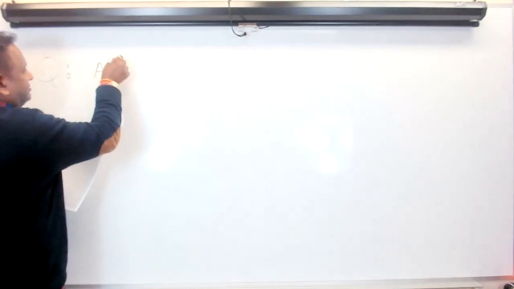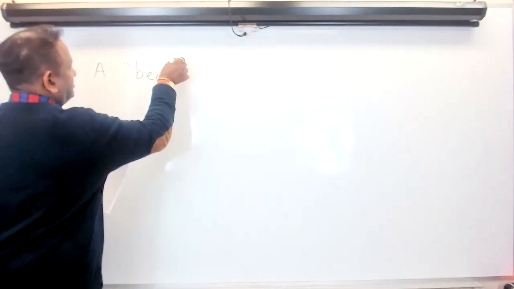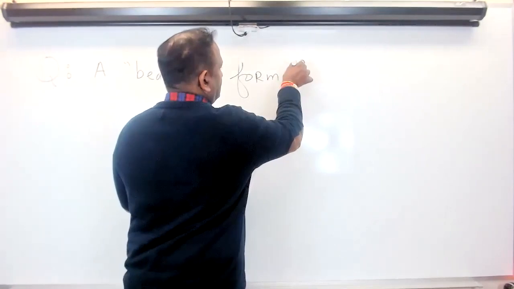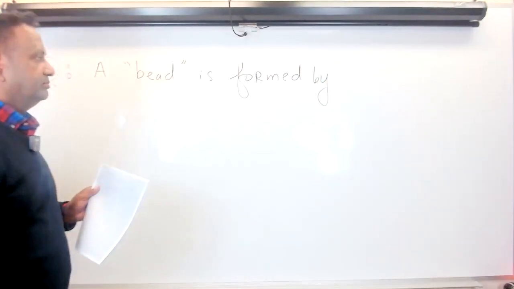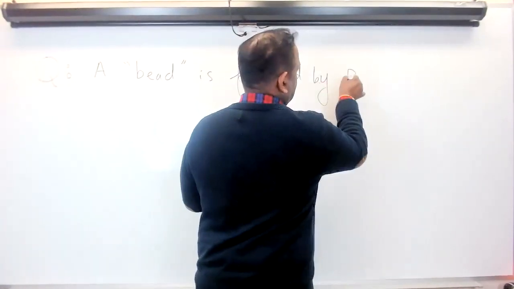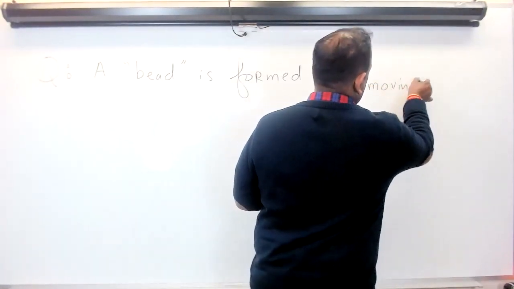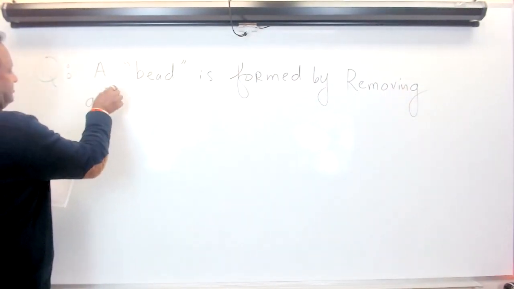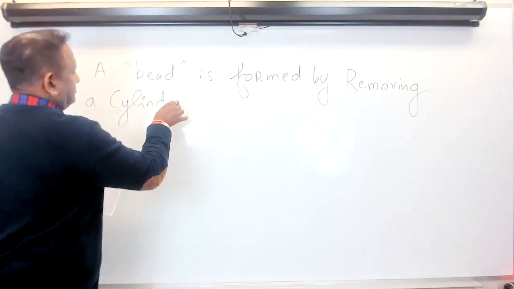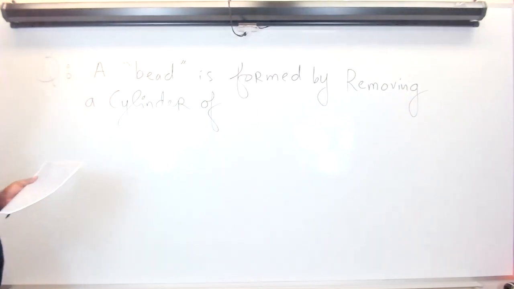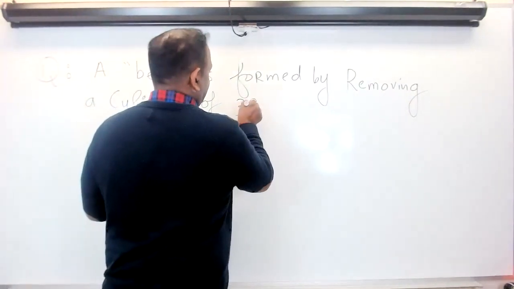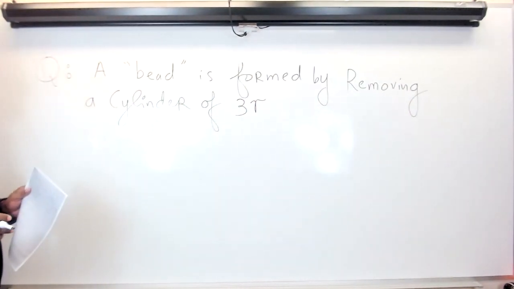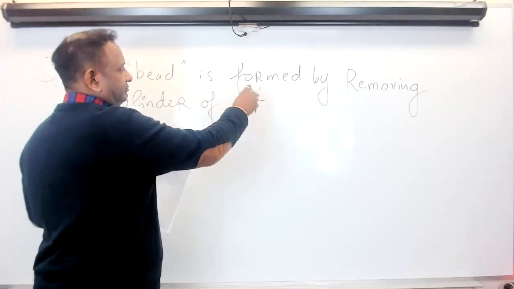A bead is formed by removing a cylinder of radius 3r, with simple r, from the center of a sphere. Make sure it's not only r, it's 3r.